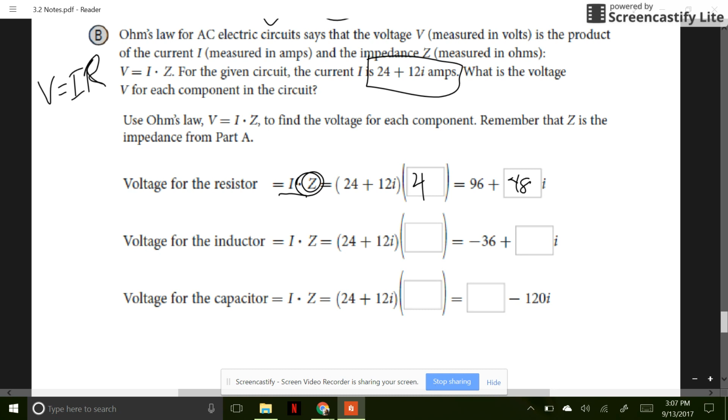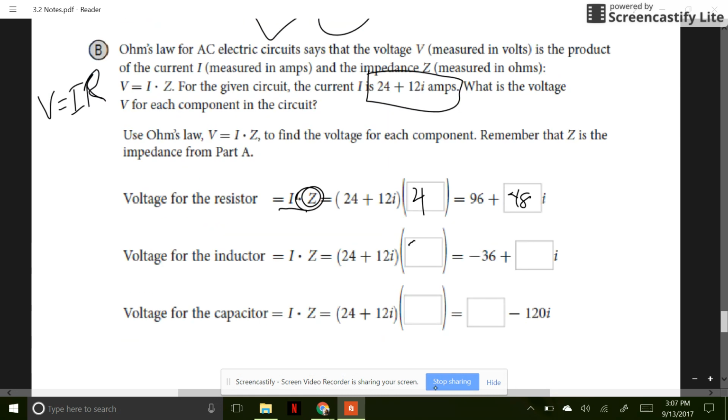Voltage for the inductor, again, we take that same current, we multiply by its impedance, which is 3i, multiply here, we'll get negative 36 plus 72i. Notice here, this has now become a real part. 12i times 3i will get us that negative 36, and the 3 times the 24 is what gets us the 72i.